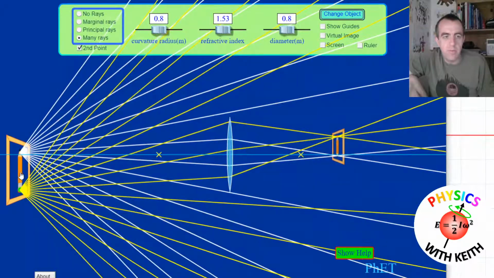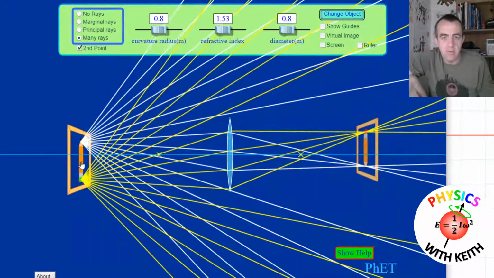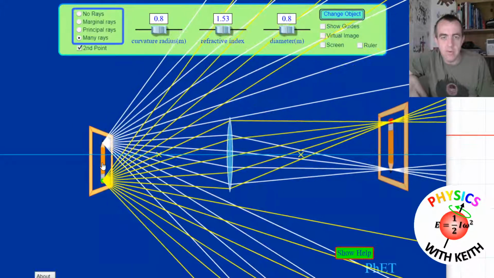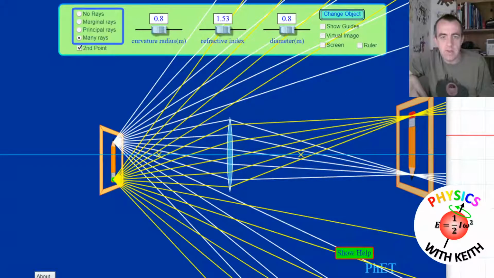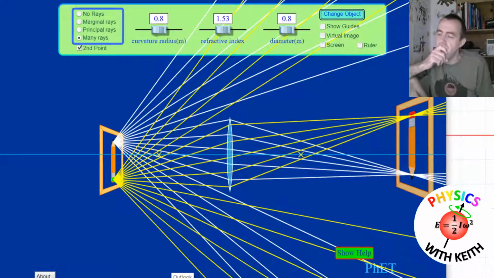And as I move the pencil towards the lens, what happens to the image? You tell me. What happens to the image as I move the pencil, the object, towards the lens? Use your best scientific language to describe it.